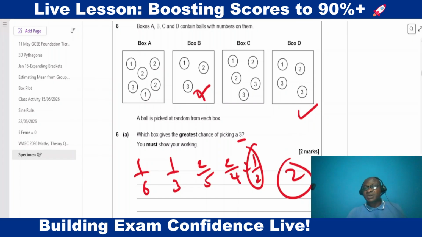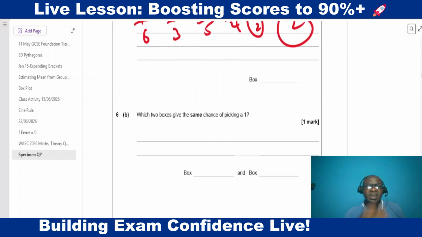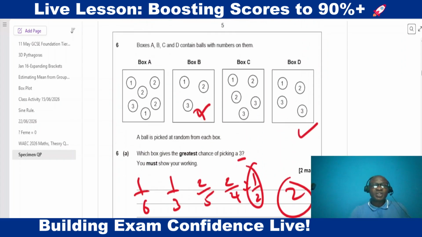And the B part says, which two boxes give the same chance of picking one? Box A and B. Okay, let's check the chances of picking one in A and B. So picking one in A is these two, which is 2 over 6 reduced to 1 over 3.